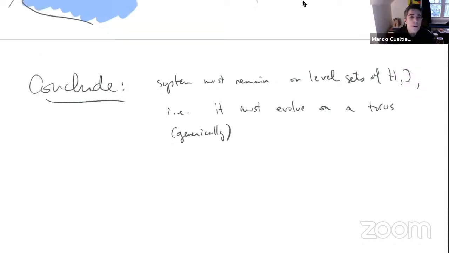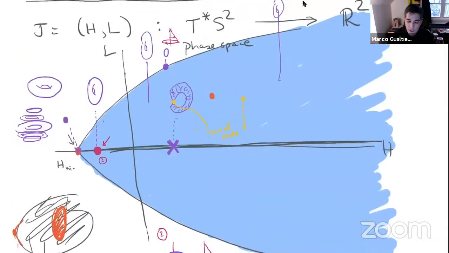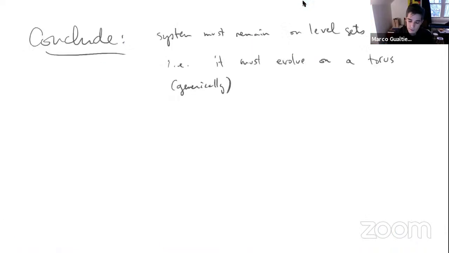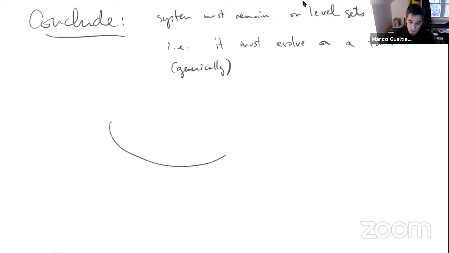As long as we stay away from these particular special states. The special states are this state, and these states at the boundary are special. Okay, and what is this torus?